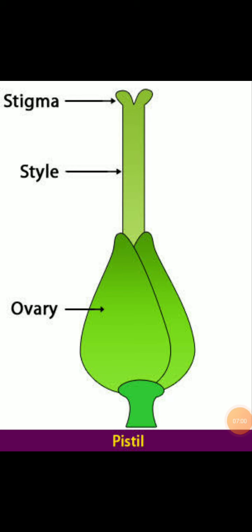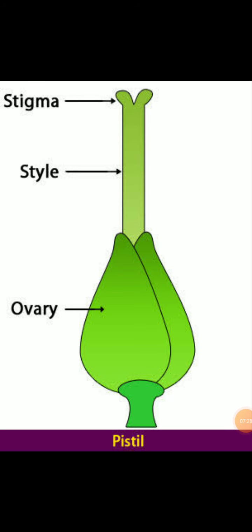Now, if you see the figure carefully, the middle long part is the style and the topmost part is sticky, which is known as stigma. What does this ovary contain? Ovary contains ovules and each ovule has an egg cell.